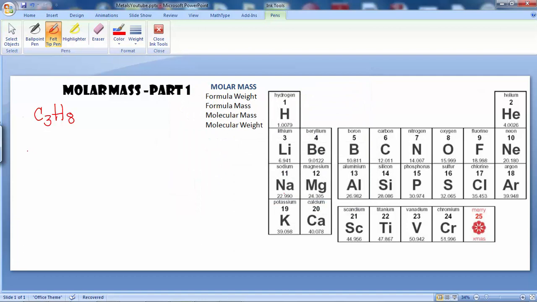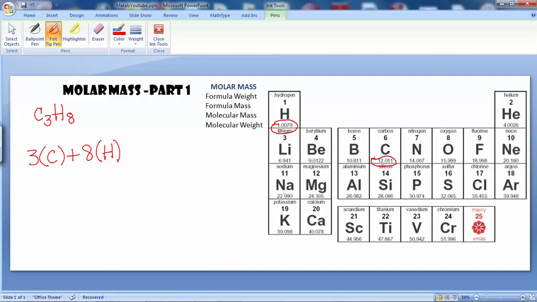Let's see if we get the same answer. So we have 3 carbon atoms, plus we have 8 hydrogen atoms. Now we want to take the atomic masses from the periodic table.